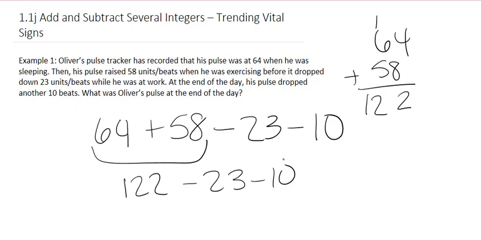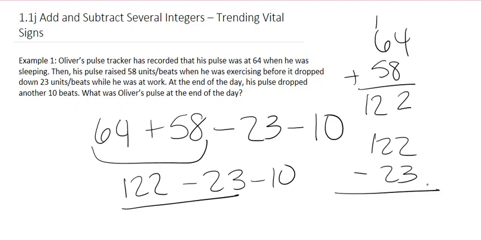So let's look at the next one. We have 122 minus 23. So 2 minus 3 cannot occur, so we will have to borrow. We change this to 1 and then put the 1 in the 1 spot. So now we have 12 ones. 12 minus 3 is 9. Now we have 1 minus 2, which can't happen.